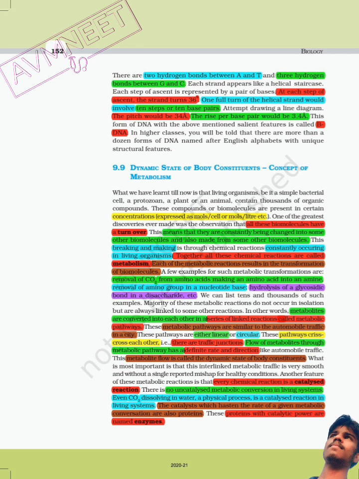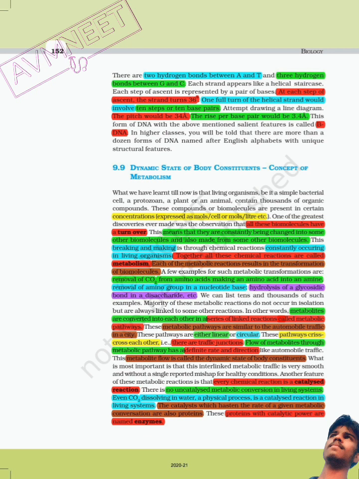Majority of these metabolic reactions do not occur in isolation, but are always linked to some other reactions. In other words, metabolites are converted into each other in a series of linked reactions called metabolic pathways.